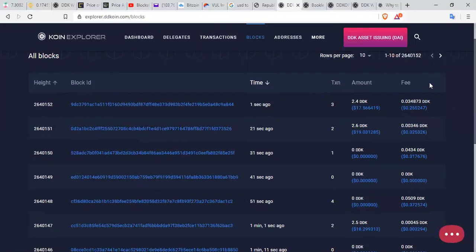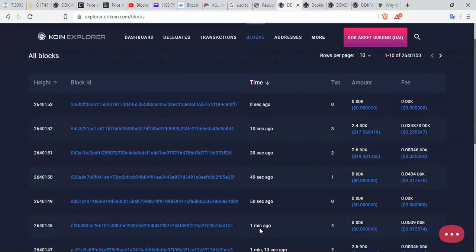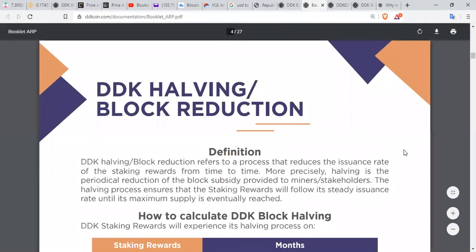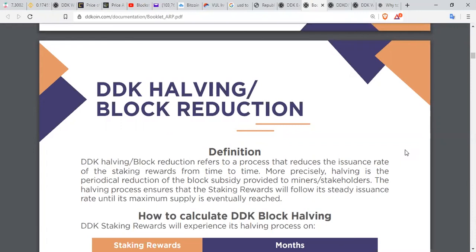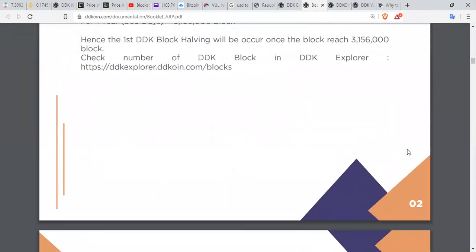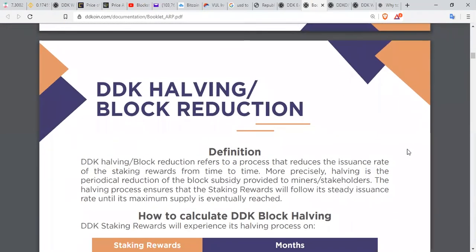So what we will do is help everyone understand why block generation is important and at what height DDKoin will decrease from 10% staking reward to 8% and so on. We will go back to the booklet provided by the management, particularly page 2, explaining what DDK halving and block reduction are.